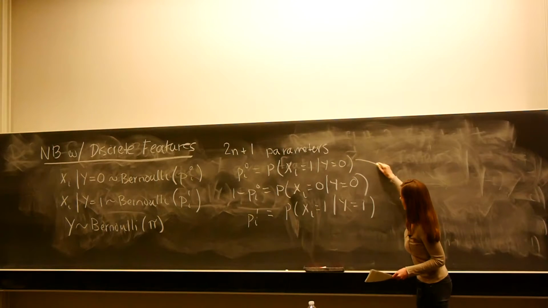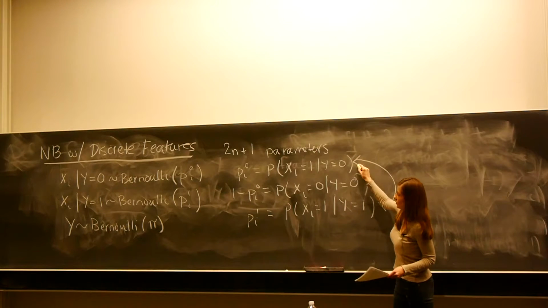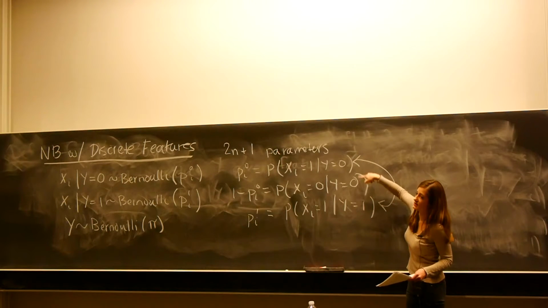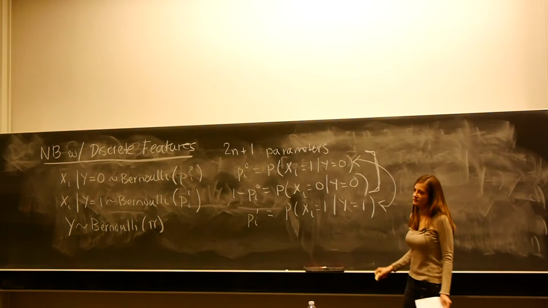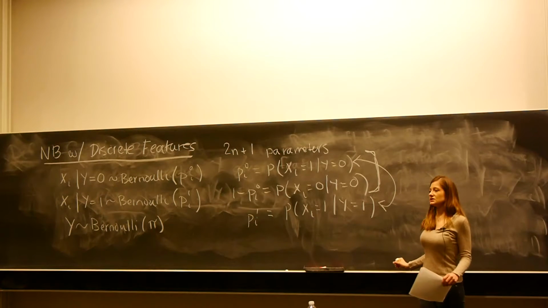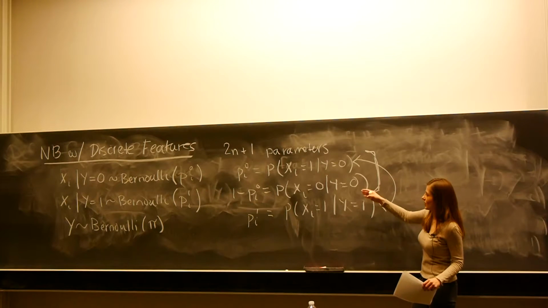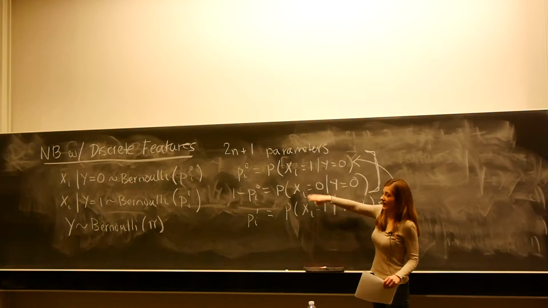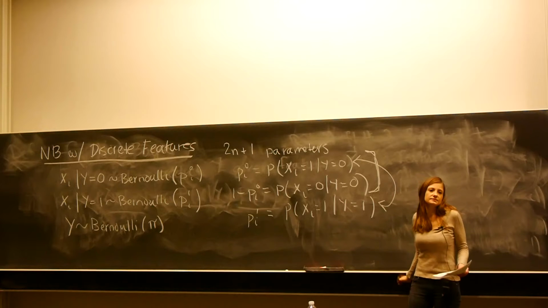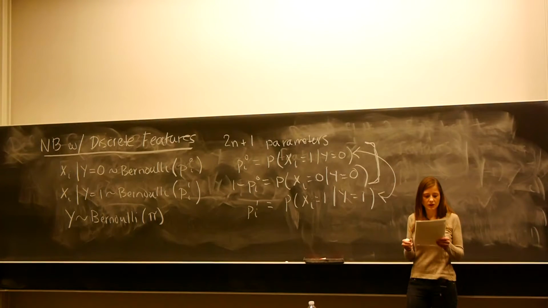You cannot calculate these two from one another, but you can calculate these two from one another. That's why you need two different parameters for these two things, but only one parameter for these guys. That's all. Just the distinction between whether you're changing the label, y, or what you're conditioning on.